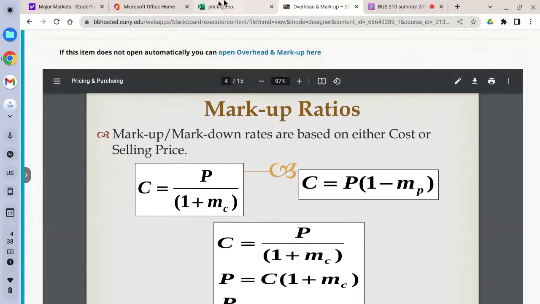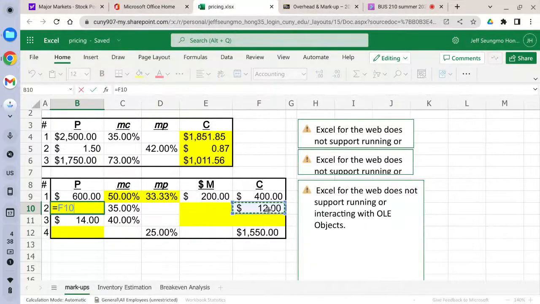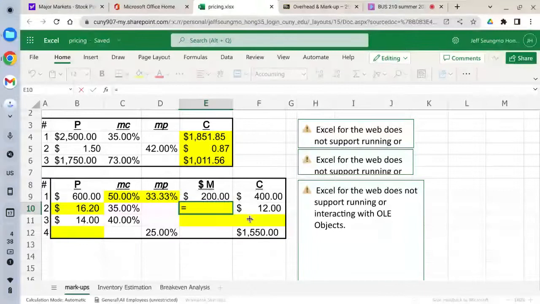So all you need to do is C times 1 plus markup rate based on cost. You hit enter, right? And then the dollar markup is the difference between the two, right? The dollar markup is the difference between the two.